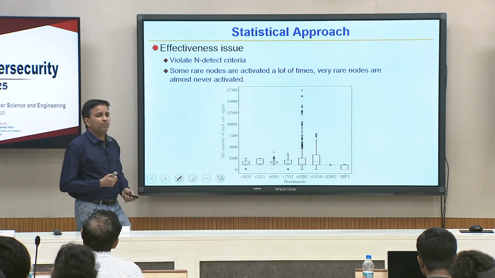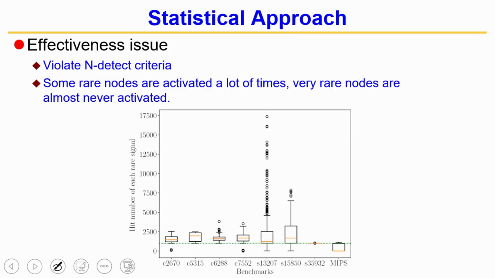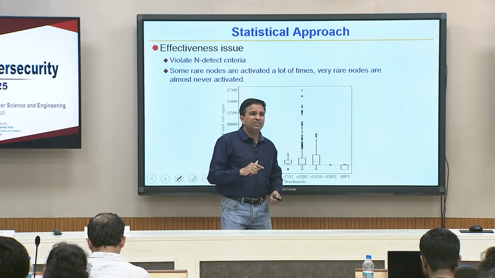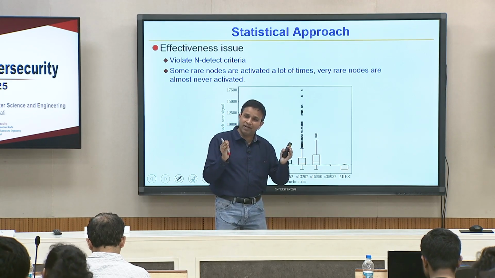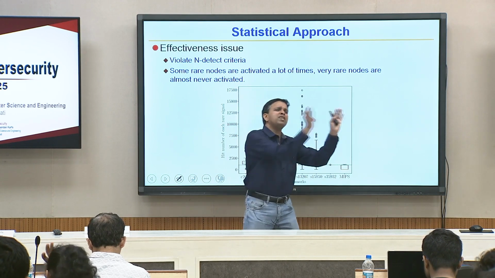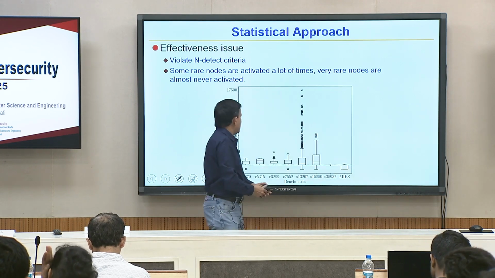The statistical approach, or this MERO approach, has two fundamental problems. Can anybody tell me what they are? It relies on the principle of N-detect, but in a design of 100 rare nodes, some of them would be extremely rare, some of them not so rare.